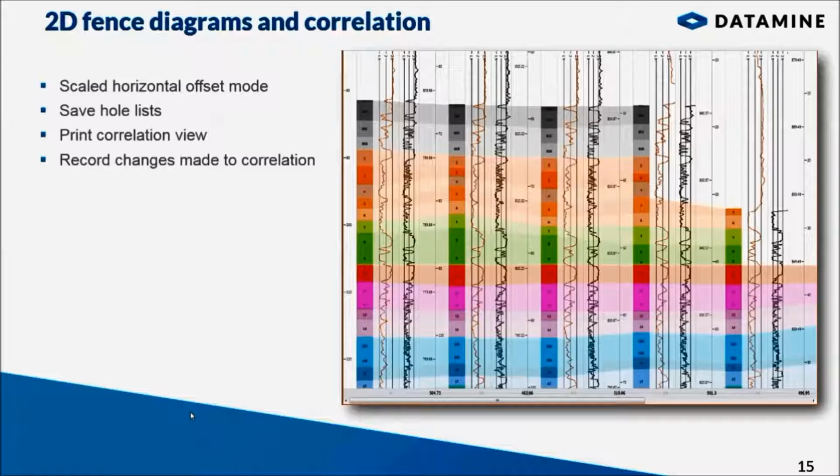So you can view it in a conventional way, but you can also view the scaled horizontal offset, and you can switch between these modes. You can save the hole selections, the holes that you use in the correlation plot, and we can save multiple lists of holes.